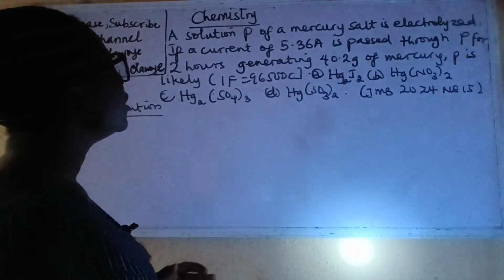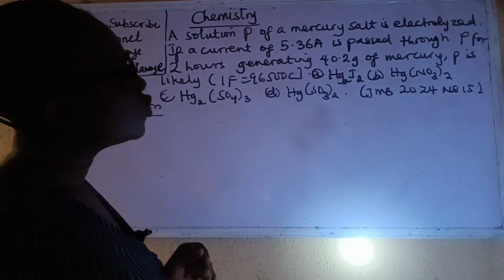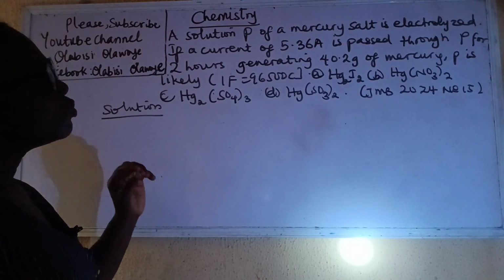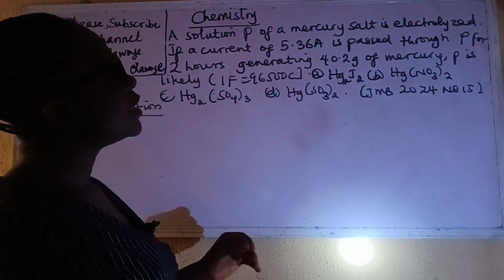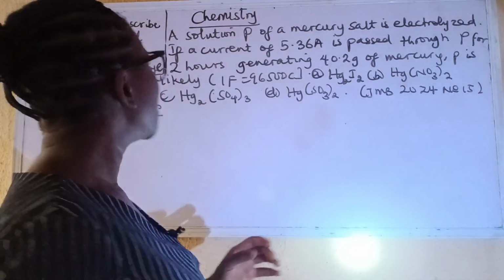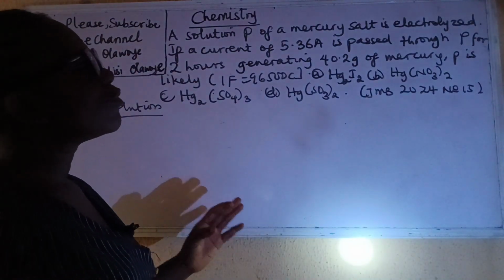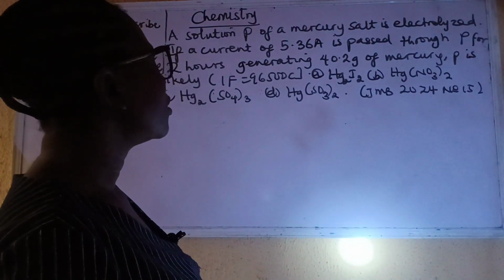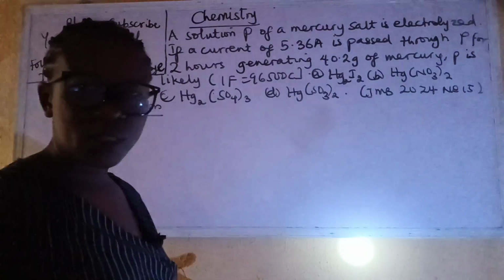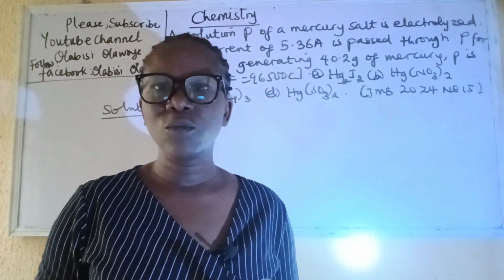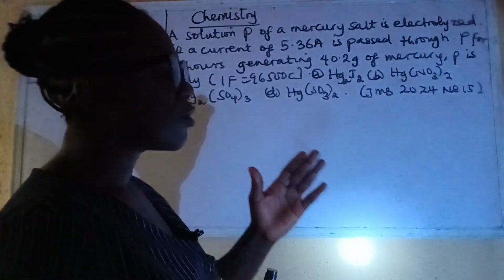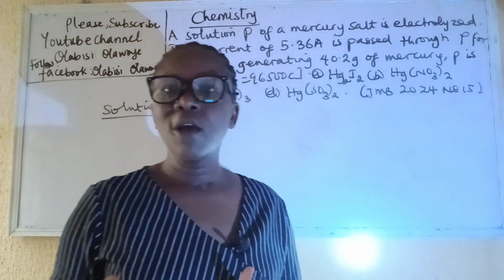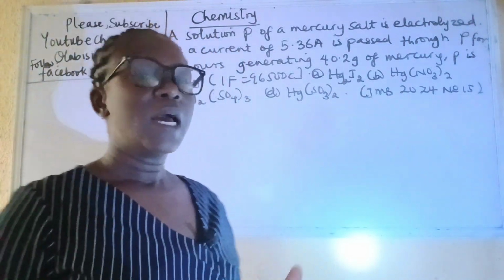Now, let's consider this question. JAMB 2024, number 15. A solution P of a mercury salt is electrolyzed. If a current of 5.36 ampere is passed through P for 2 hours, generating 40.2 gram of mercury, P is likely to be what? Now, most of the electrolysis calculation questions we have come across have been to calculate either time, mass, quantity of electricity, and so on.